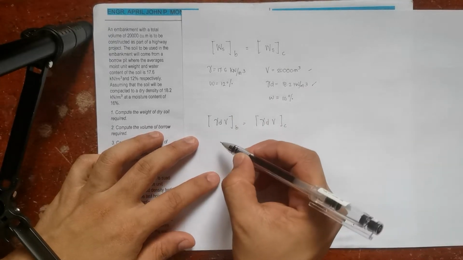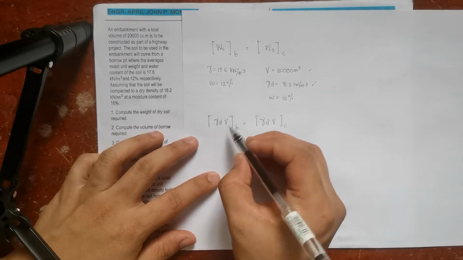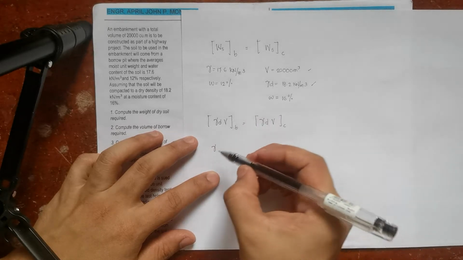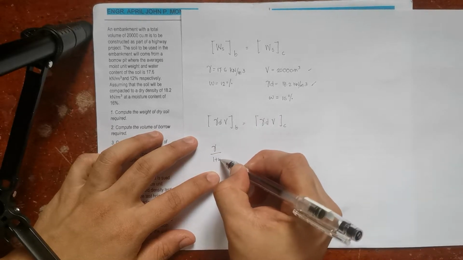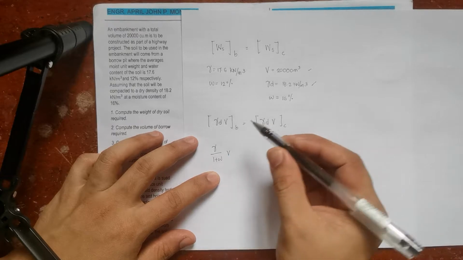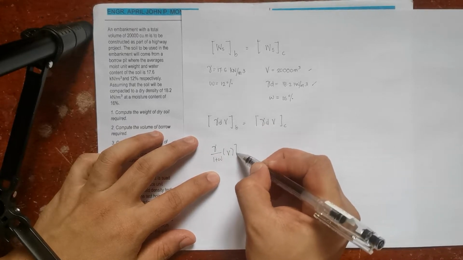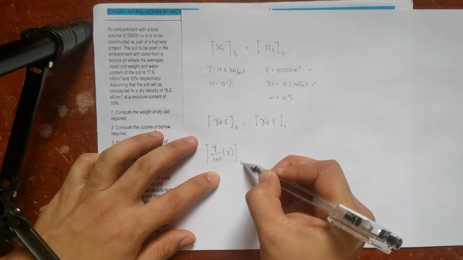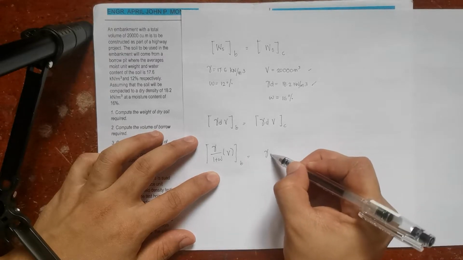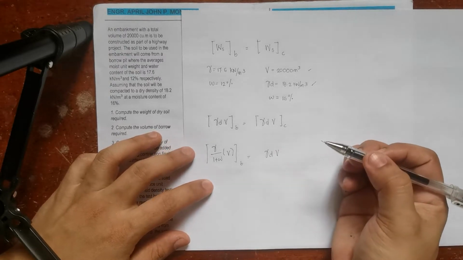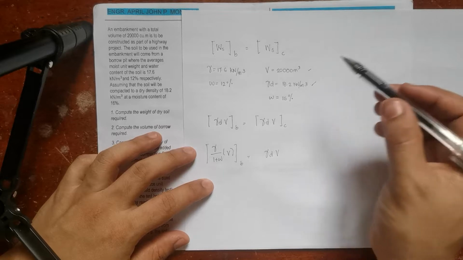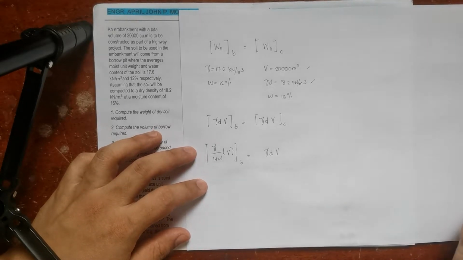And from that formula, gamma dry is moist unit weight over 1 plus moisture content, multiplied by the volume for the borrow soil. And magre-retain lang mismo yung gamma dry and then volume ng compacted soil since given na po mismo yung sa ating problem.